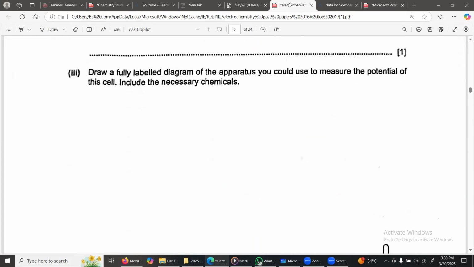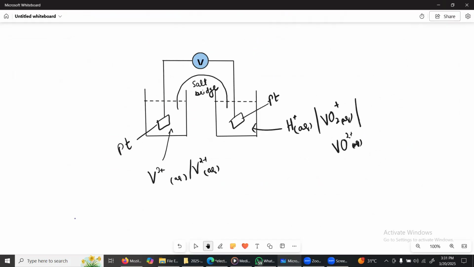Now you have to draw a fully labeled diagram of the apparatus you could use to measure the potential of the cell. Include the necessary chemicals. This is the diagram, and because it is an ion combination, for this purpose we use a platinum electrode, and this is a porous platinum wire, exactly as you have used it for the standard hydrogen electrode, SHE.